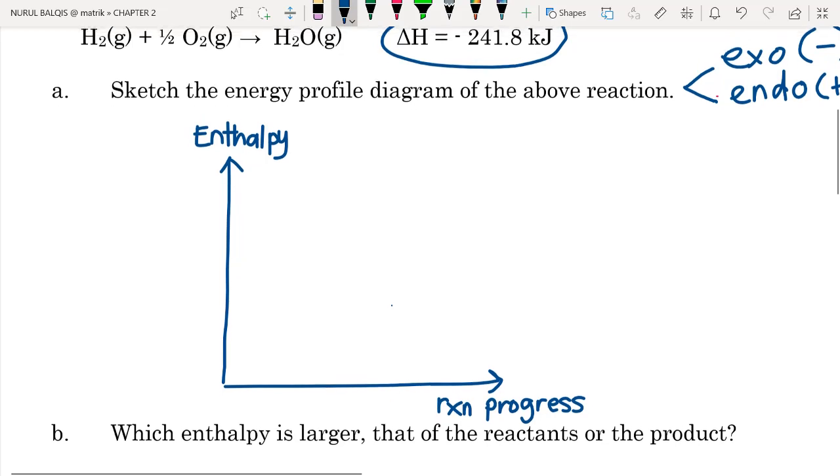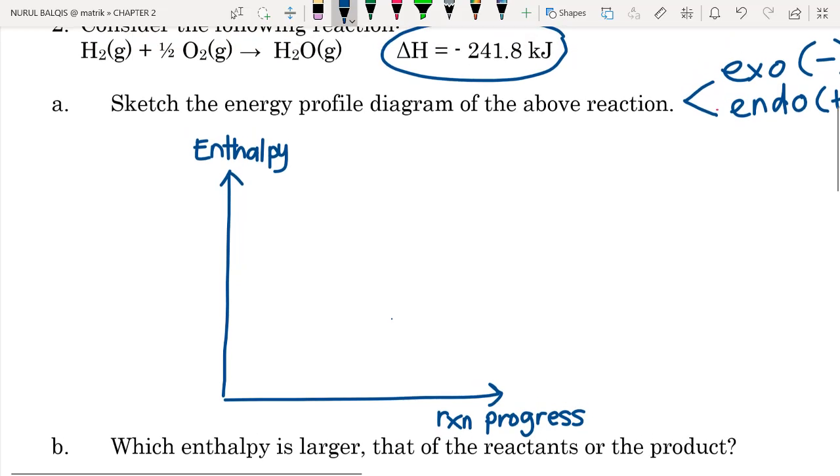Since we have negative delta H, it means that we're going to have larger enthalpy for reactants than the product. So we're going to write H2 and O2 up here. And our product is down here.